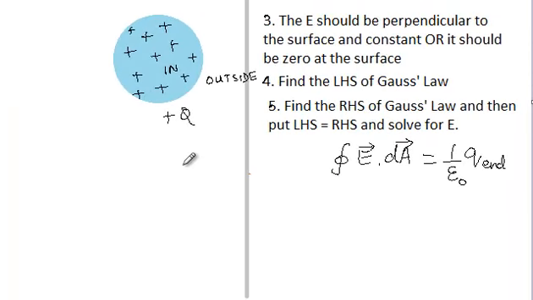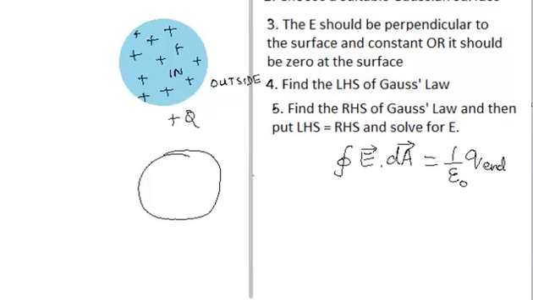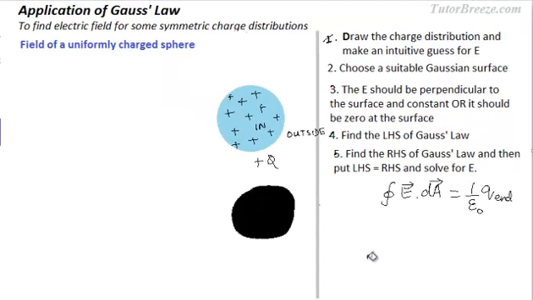See, if you recall, in case of a conducting sphere, what we did was, suppose, let me just fill this up because it's a solid sphere. In case of the conducting sphere, we drew the charges only at the surface of the sphere. There were no charges inside the sphere.